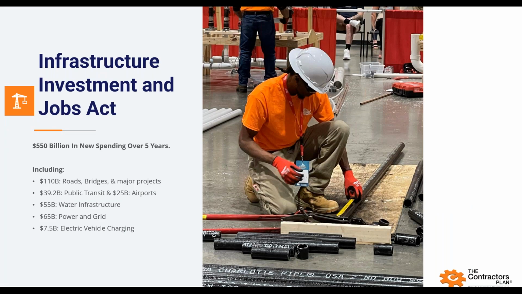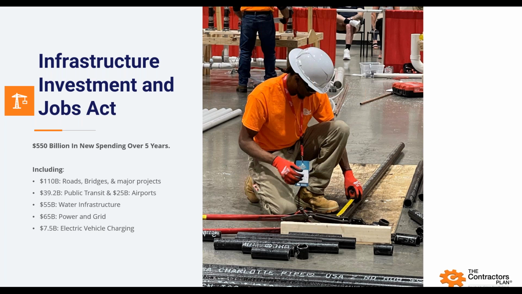The other opportunity is obviously the infrastructure bill. What we're talking about is over $550 billion of new additional spending over the next 5 years. That's on top of the roughly $1 trillion that already would have been spent.